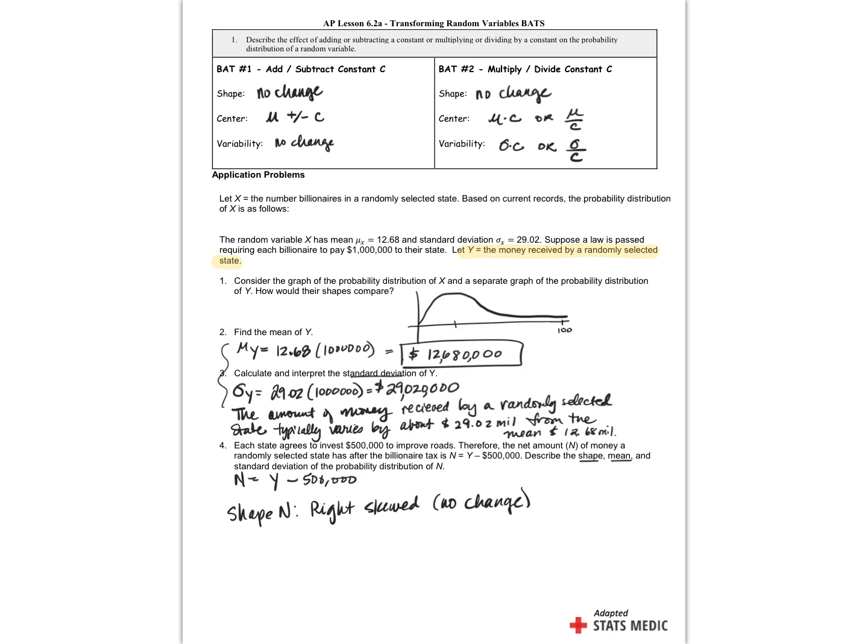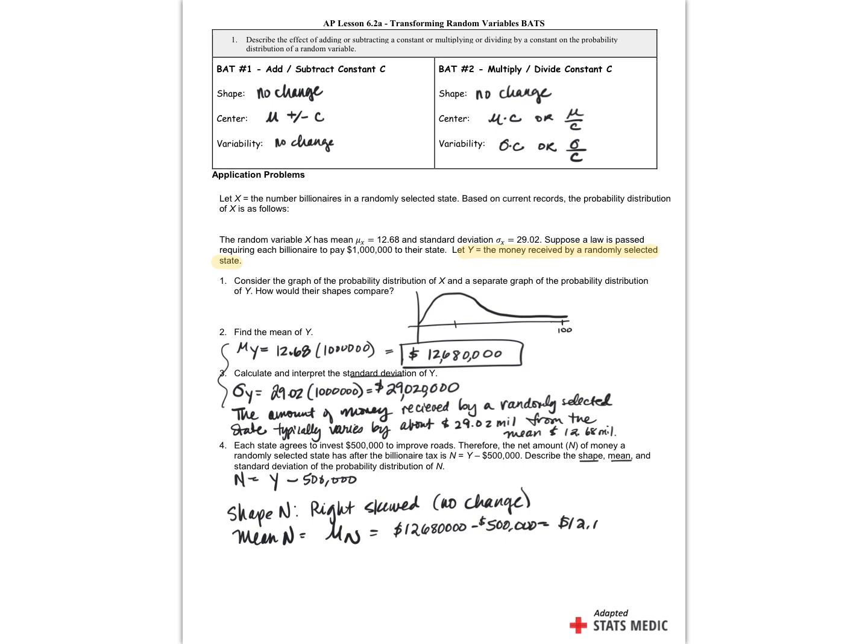The mean, mu of N, would be what? Yep. 12,680,000 minus 500,000. It's a lot of zeros on a Friday.